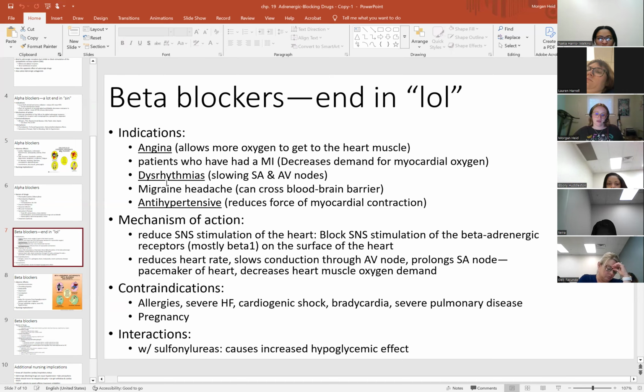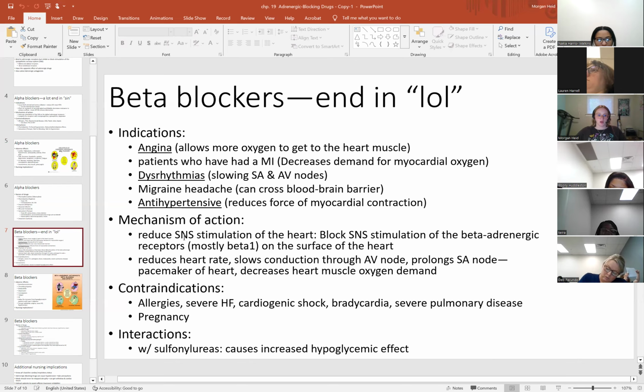And then it can treat dysrhythmias because it slows the heart rate down. Migraines it can treat, but I'm not really focused on that one. And we know it can reduce blood pressure. So these are my generic uses of beta blockers that can be used for a lot of different things when it comes to the heart. Again, chest pain, MI, early heart failure, dysrhythmia, migraine, and high blood pressure. Those are going to be your big uses.